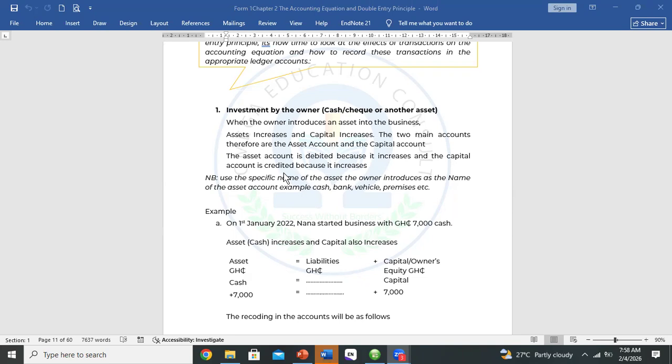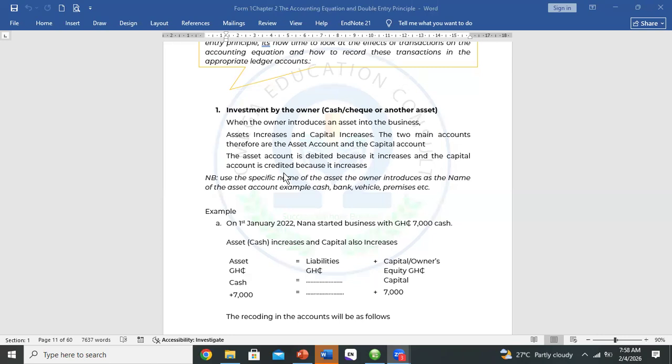So, Prof. Fidel, thank you. Yes, if you analyze the transaction, indeed, there is a personal account in there because the owner is a person, right? So you can do the analysis of personal account and how the double entry principle applies. And I believe we all appreciate that for personal account, you debit the receiver, you credit the giver.